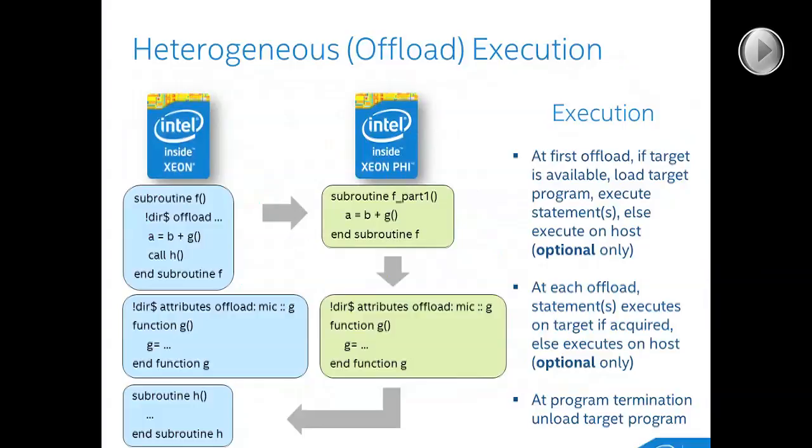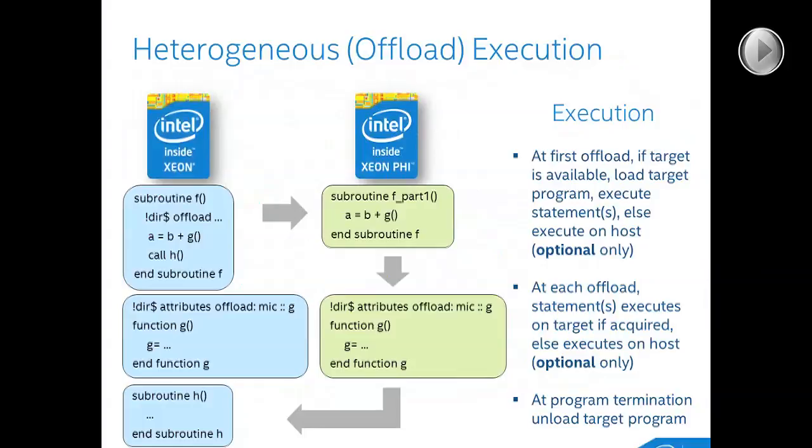Lastly, what I wanted to talk about in terms of the offload model is just a simple flow of the execution. On the graphic we have here, the left side represents our host image or our host source code, and we've added the necessary directives which define the target image, which you see in the center of the slide.